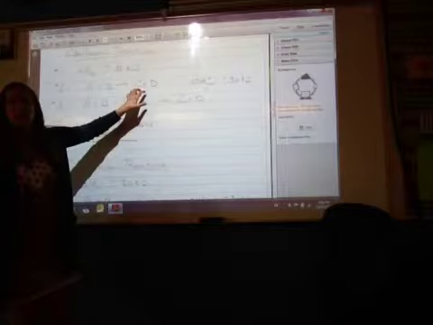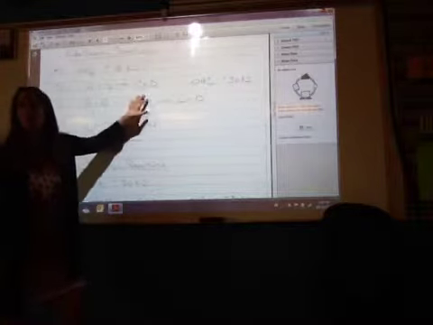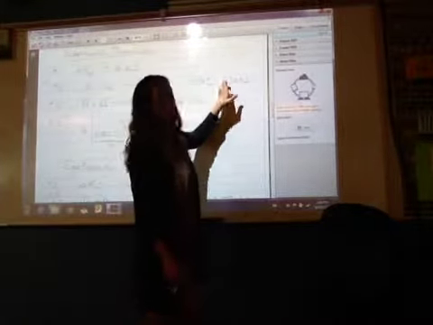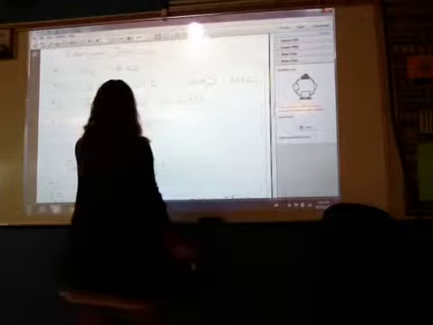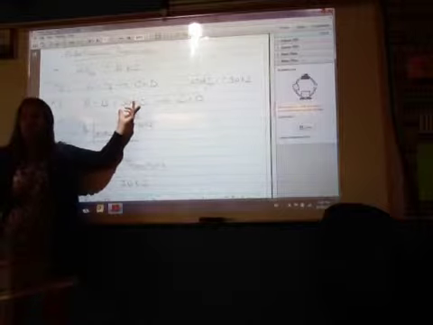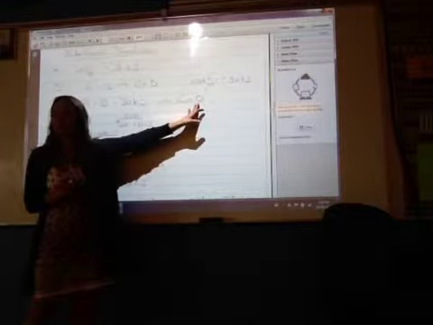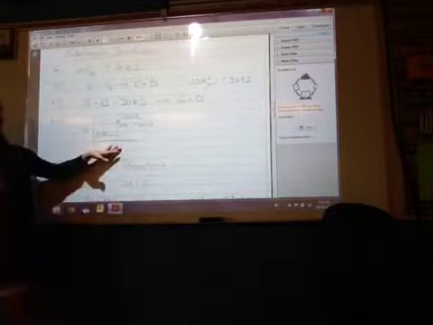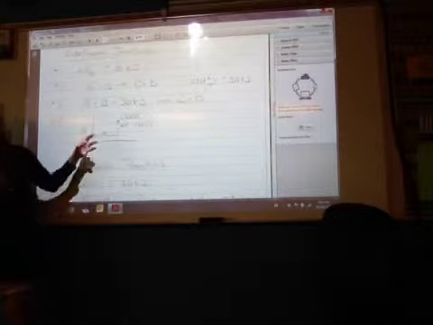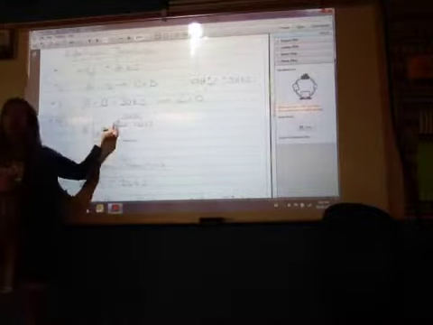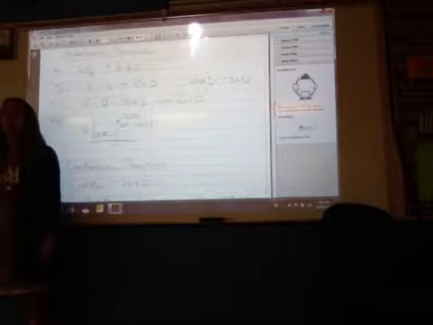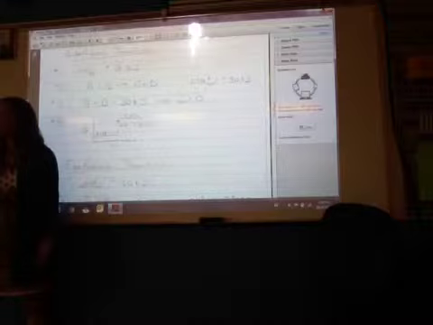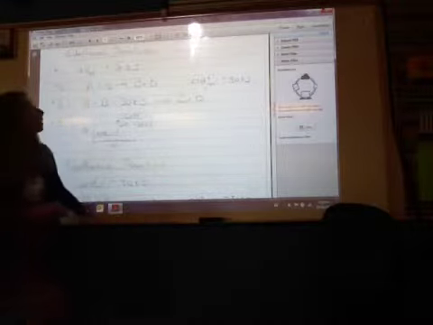You can write it like this: delta H, positive energy. Or you can write it like this: A and B take energy in and produce C and D. Or you can draw it like this. A and B put energy in and become C and D, which, by the way, are less stable and have more energy. Everybody okay with that? So that's like a summary of your endothermic.